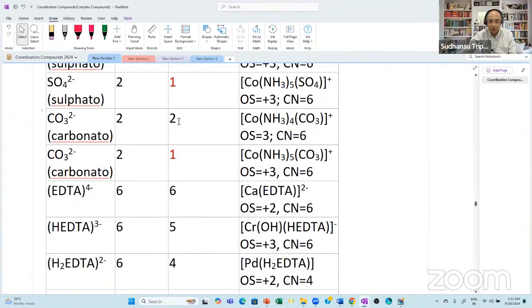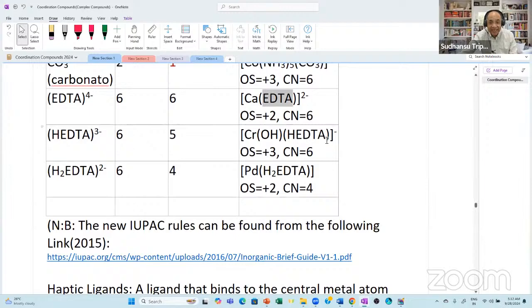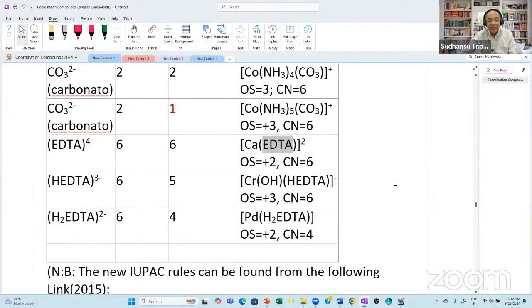Also carbonato: the denticity is 2, but sometimes it will use 1 tooth. EDTA also is a flexidentate ligand. If you write EDTA, it is using all its 6 teeth. And if you write HEDTA, its charge will be 3 minus. Now see chromium here: OH is -1, HEDTA is 3 minus, so the net charge is 1 minus: x minus 1 minus 3 is equal to 1 minus.